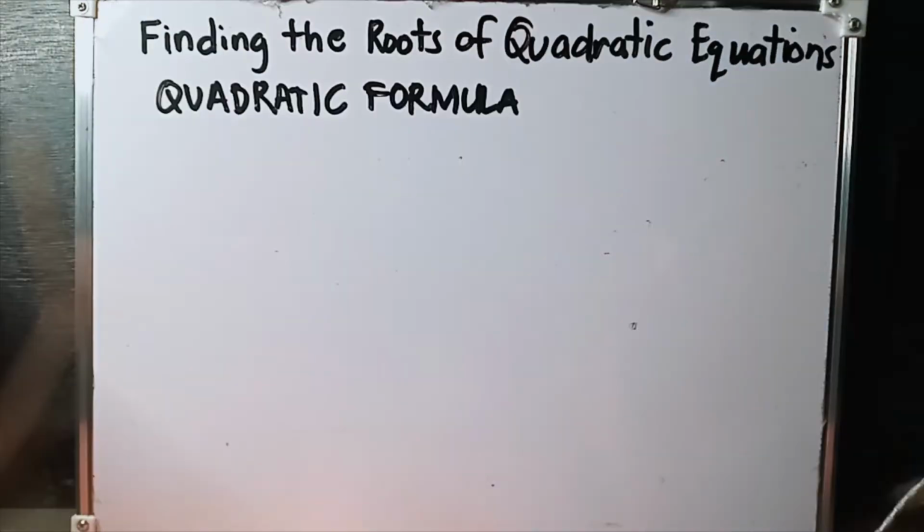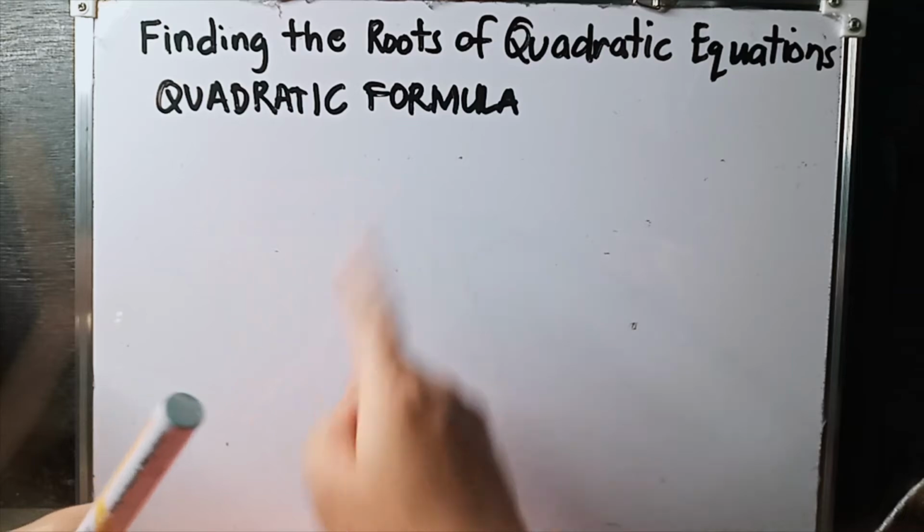equations. Now, here's another method for finding the roots of a quadratic equation. Itong way na to is using quadratic formula. Quadratic formula is being used kapag yung ating kinukuhanan ng roots is hindi na siya factorable. What do I mean by that?